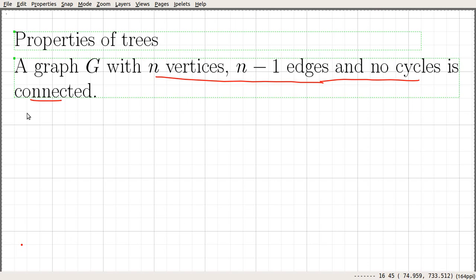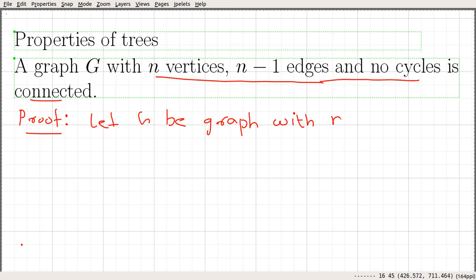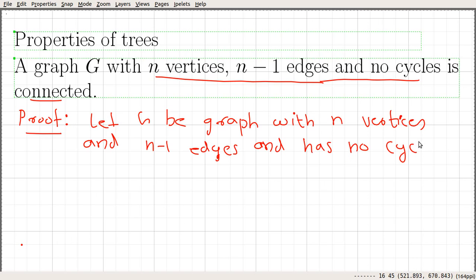Okay, so let's go and prove this theorem. Let G be a graph with n vertices and n minus 1 edges, and suppose that G has no cycles.